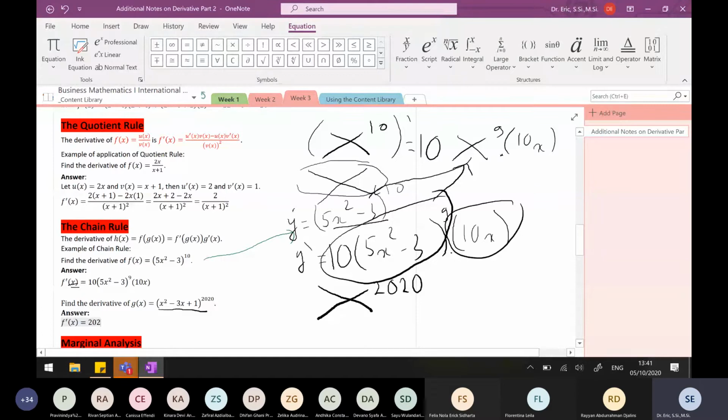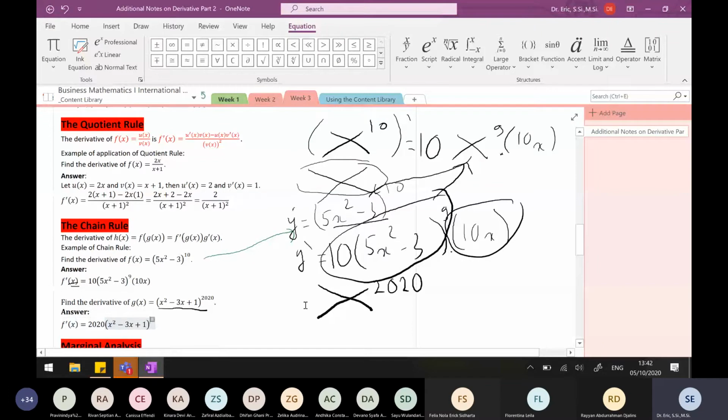So it will give you 2020 times X, what is capital X? x squared minus 3x plus 1, to the power of 2020 minus 1. That is 2019. Is this okay, Raka Fatin?